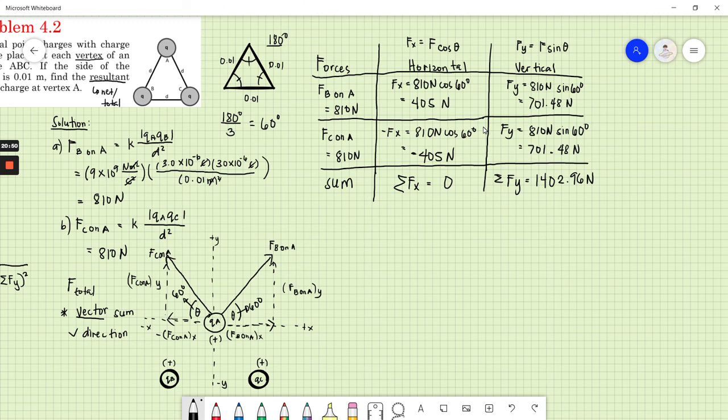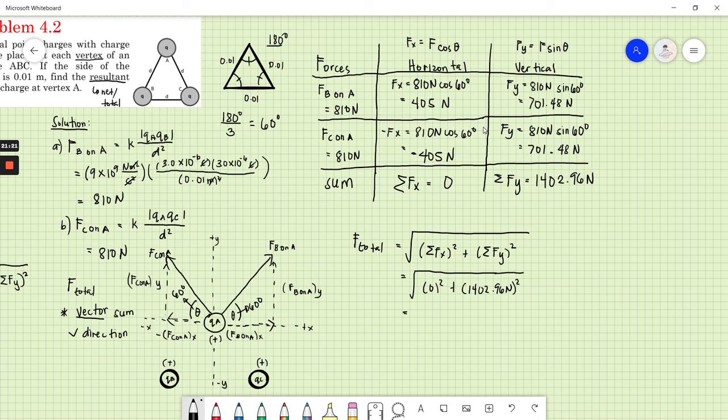What we have to do next is to find our F total. In order for us to find that, we just have to do this: our Fx squared plus our Fy squared, and that is equal to 0 squared plus 1402.96 newtons squared.